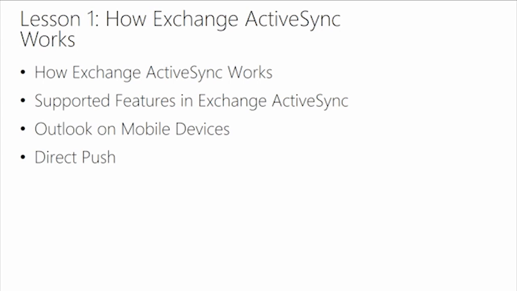So Exchange ActiveSync is now part of many device stacks. It became almost like a standard for mobile devices out there in the world. Many mobile device manufacturers, iOS, Android, built ActiveSync into the operating system because most people want to get their mail. So ActiveSync is now built into those devices automatically.